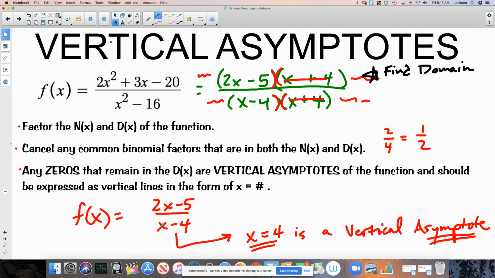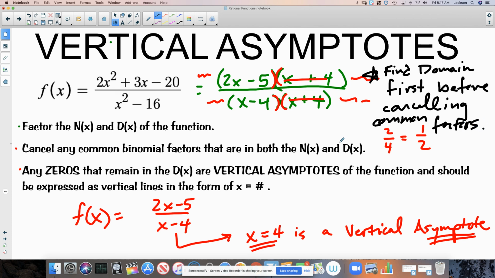I can put a -4 here and put a -4 here. We'll talk about what that means in a minute, but you have to use the factored form, not the simplified form, to find the domain. So find the domain first, before canceling common factors. Worth noting.